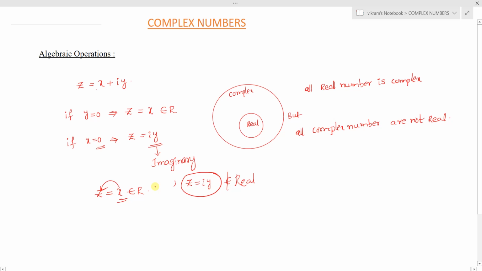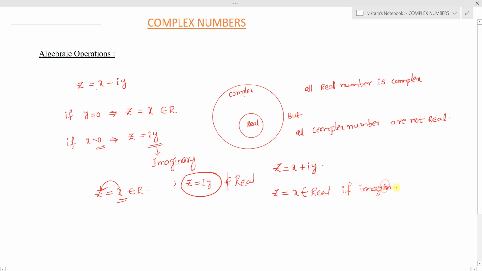So a complex number x plus iy is said to be real if the imaginary part is 0.